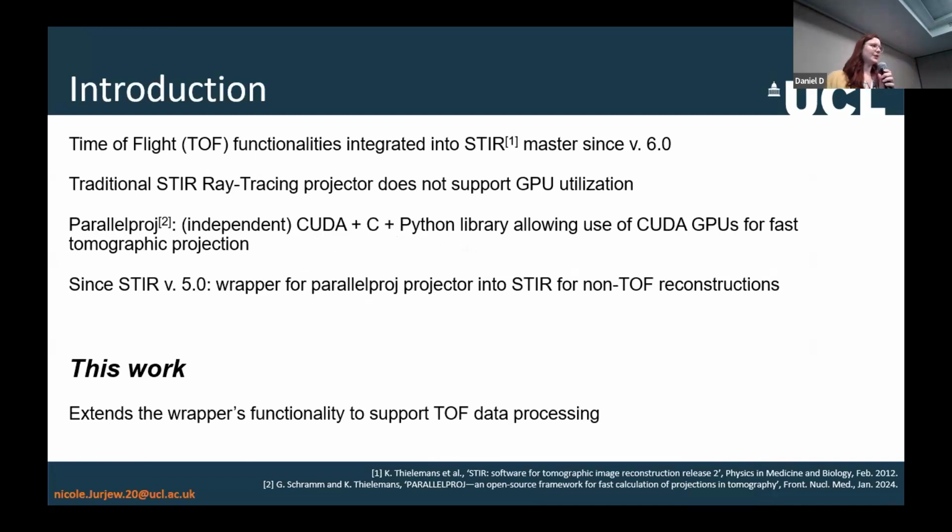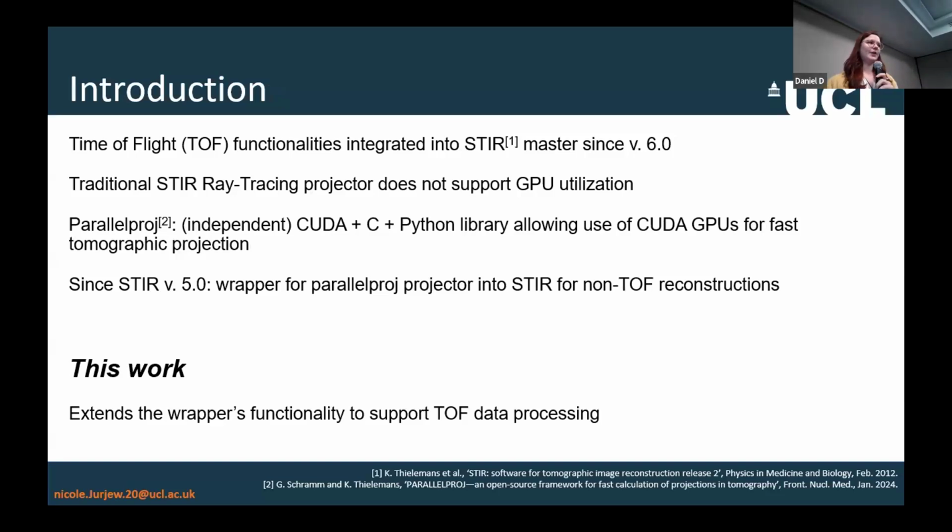But the traditional STIR ray tracing projector does not support GPU utilization. Parallelproj, on the other hand, is an independent CUDA and C and Python library, which allows the use of CUDA GPUs for fast tomographic projections.